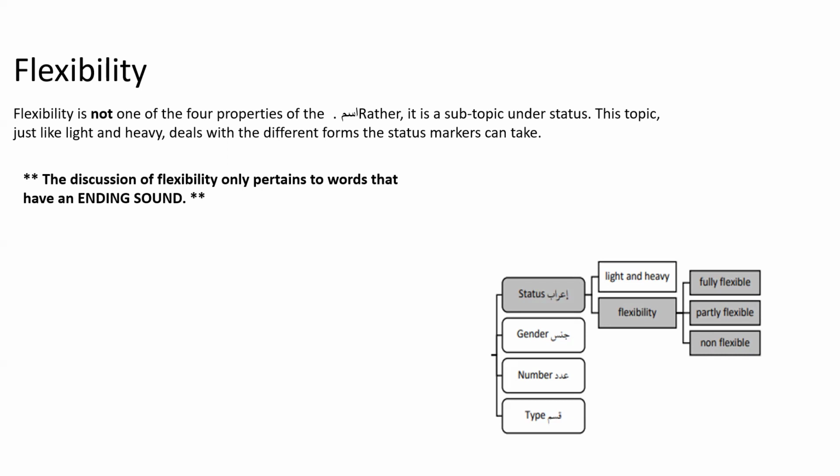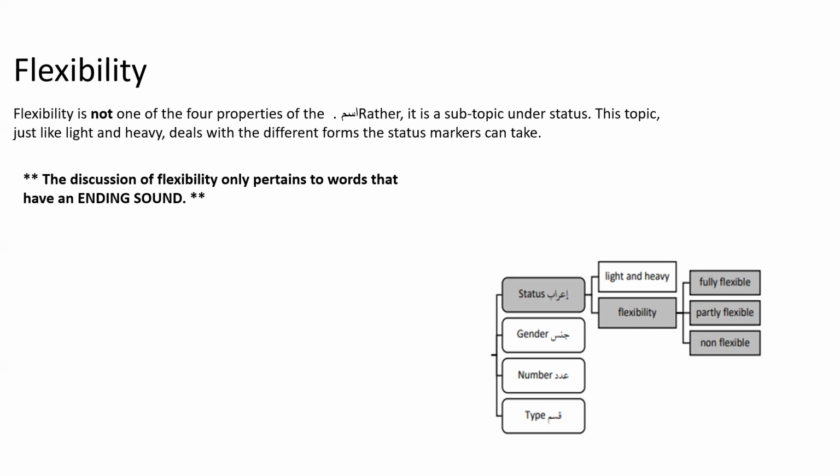So combination, don't worry about with flexibility. It doesn't work like that. Okay. Flexibility works on the sound only. So flexibility means a word is fully flexible when it has all the three forms, meaning it can have un sound, an sound when it's nasab, or in sound when it's jar.